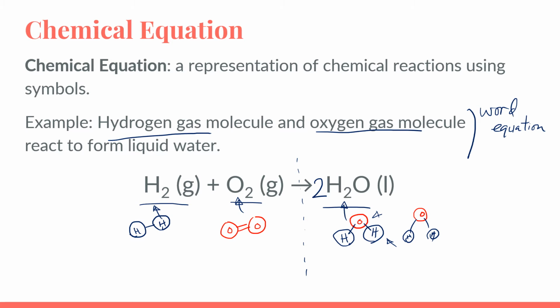That satisfies the oxygen, but I need four hydrogens, and I only have two here. So I'm just going to double the hydrogen. So now I got two here. And there we go. That's our entire lesson in a nutshell. What's a chemical equation and how do we balance it? How do we make sure that all the elements that are in the beginning also show up at the end?